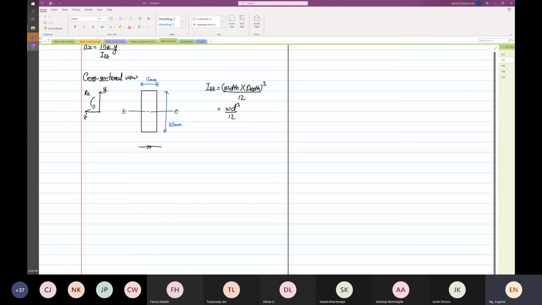This will always be known as the width, or in this case, W. I'll write down: geometry parallel to the z-axis. For this case, because we want to find Izz, it's always the width.